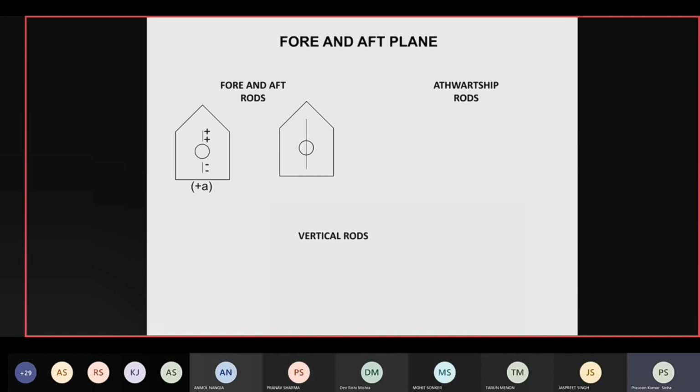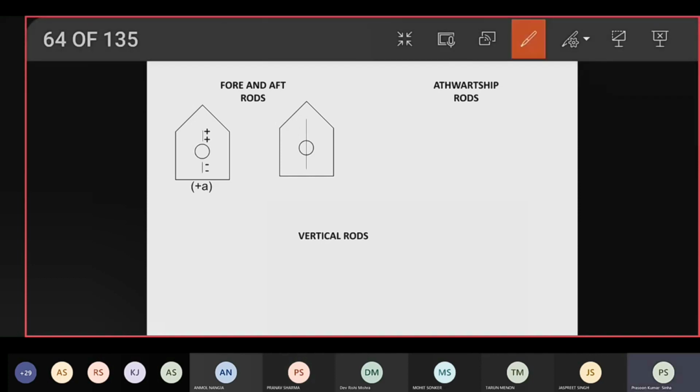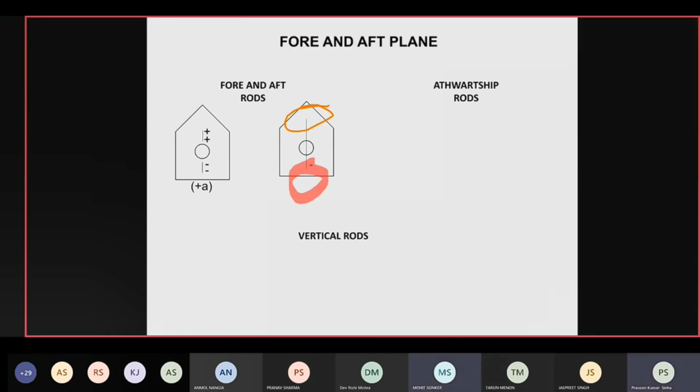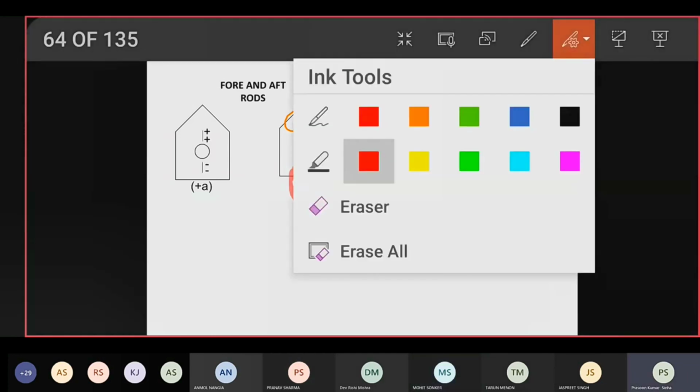So since one end is forward, the other end is aft, so naturally the orange end will be what? Minus. Positive. So this will be the situation of the rod.